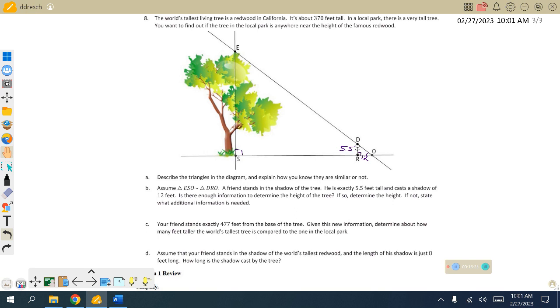So we do have similar figures by AA similarity all over again. That's our most powerful one. But the next sentence finishes the deal so that we can set up a proportion. Where is that 477 going to go? Your friend stands exactly 477 feet from the base of the tree. So when I see that down there at the bottom, where's that 477 going to go?